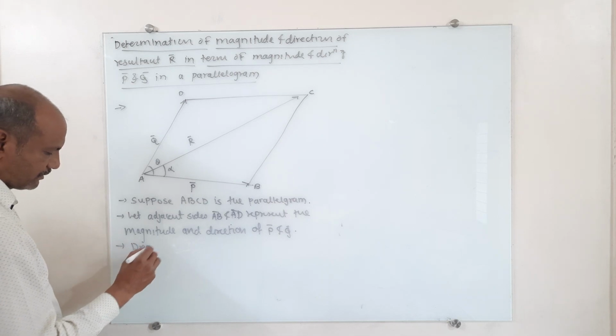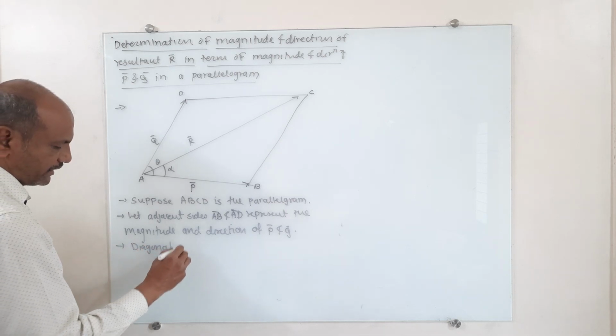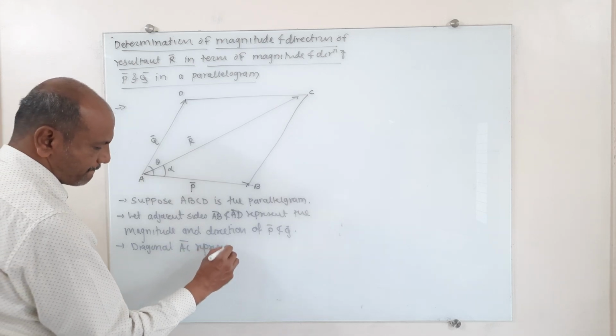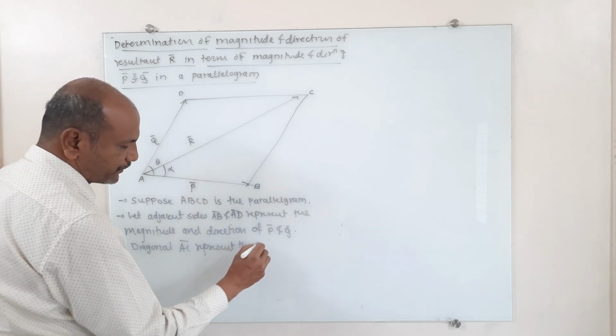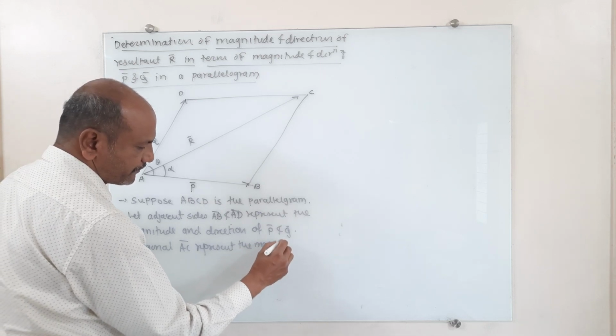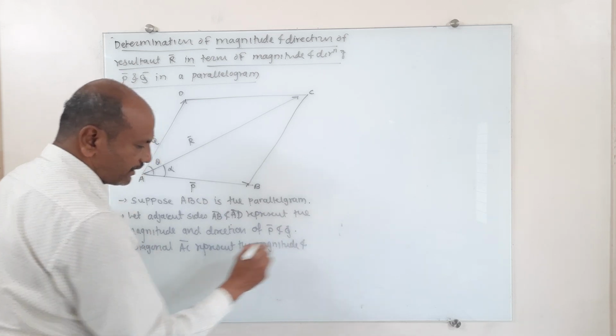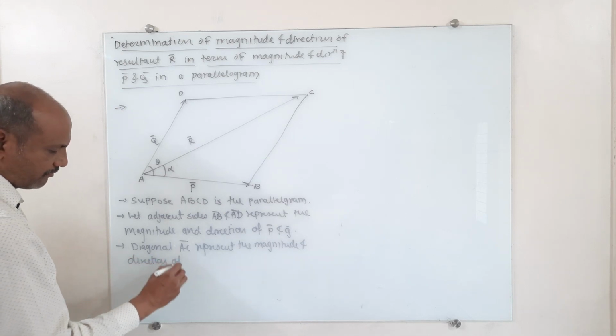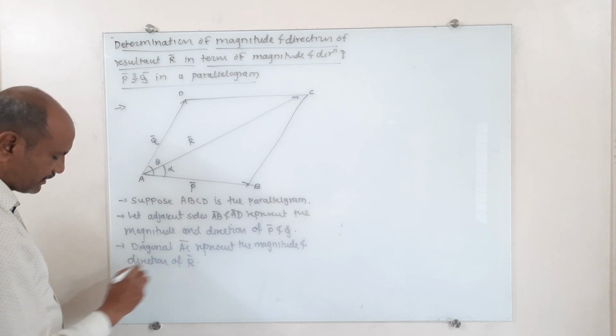Diagonal AC bar represents the magnitude and direction of R bar.